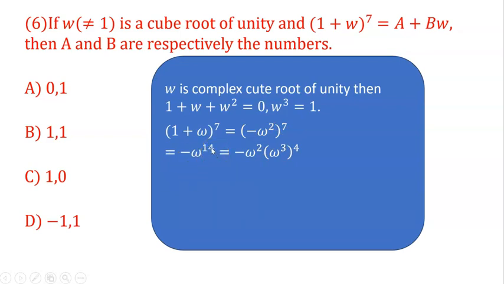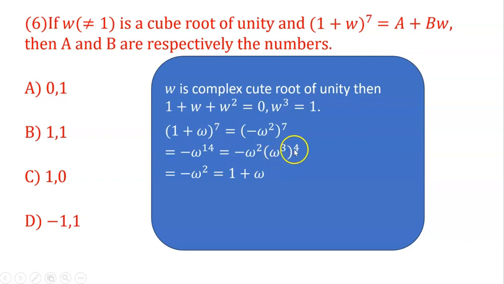Omega raised to 14 can be written as omega square into omega raised to 12. Omega raised to 12 means what? Omega cube, bracket raised to 4. But again, what's the value of omega cube? Omega cube is again 1.